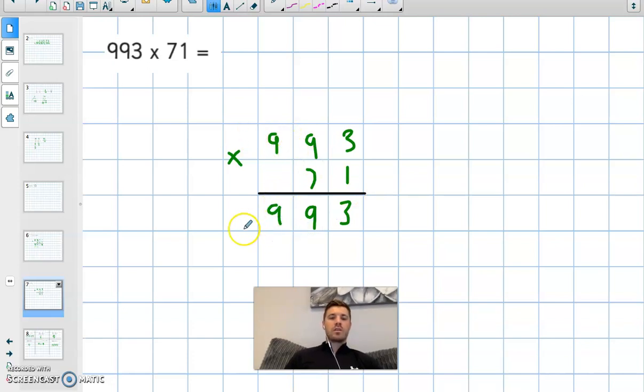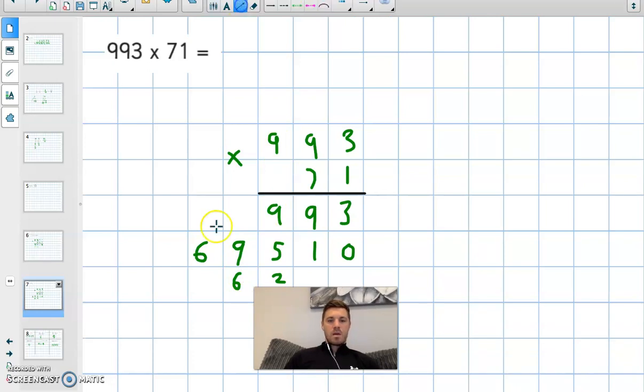Now we need to drop down to the next column and we're going to multiply these digits by 70, so we need to make sure that we put our placeholder here. 7 times 3 is 21, 7 times 9 is 63, add the 2 is 65, and again 7 times 9 is 63, add the 6 is 69.